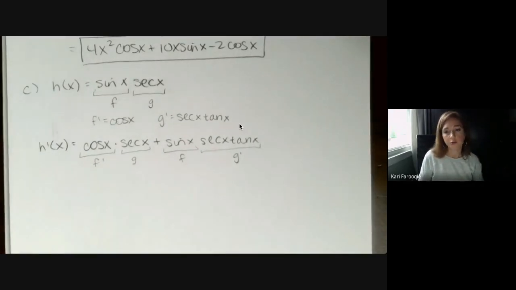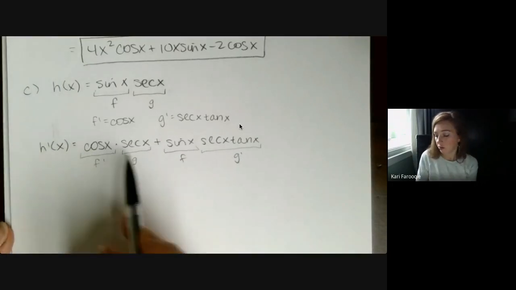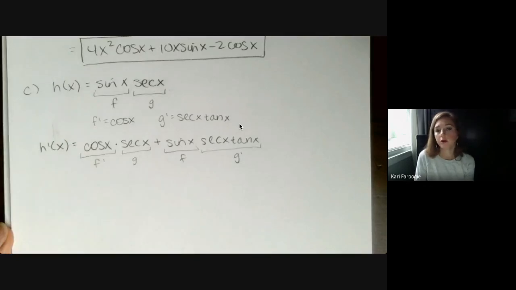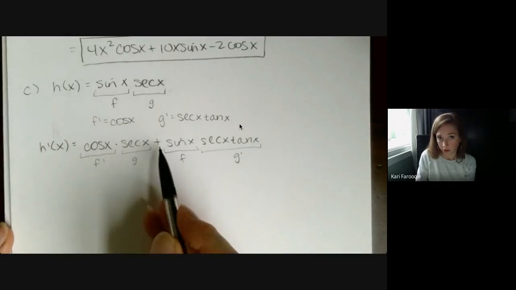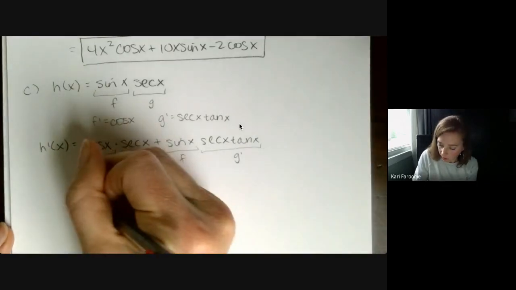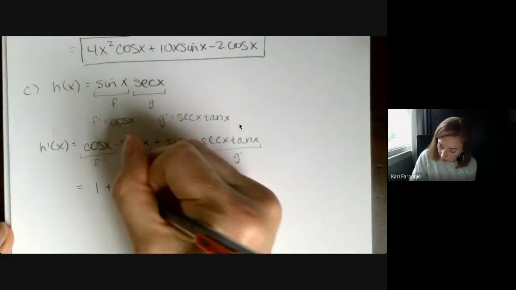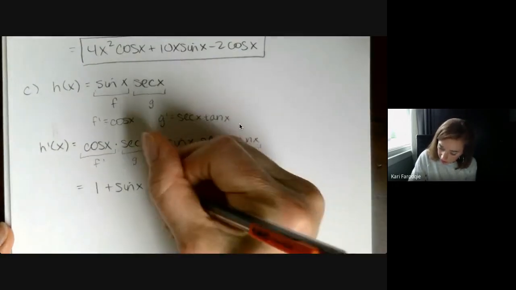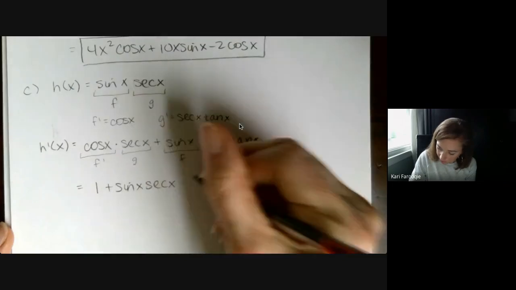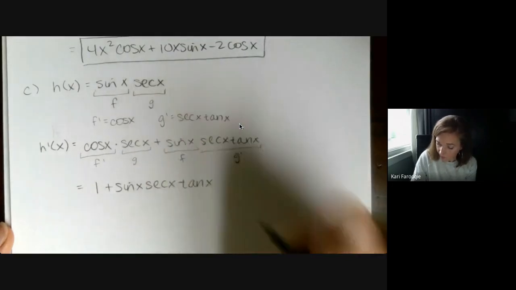Now, simplify where it's reasonable. If there's something that's obvious to you, you should do it, for instance a function multiplied by its reciprocal. That's going to be 1, because remember that the secant is 1 over the cosine. So we can simplify that as 1. If nothing is sticking out to you in the second term, that's fine.